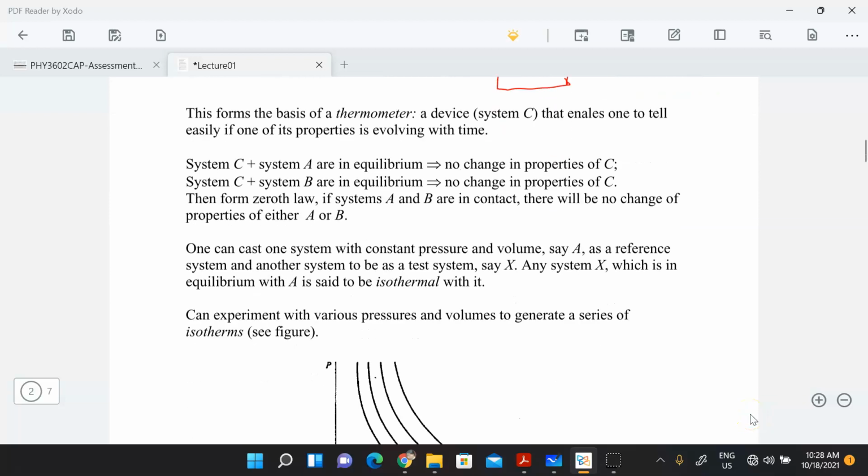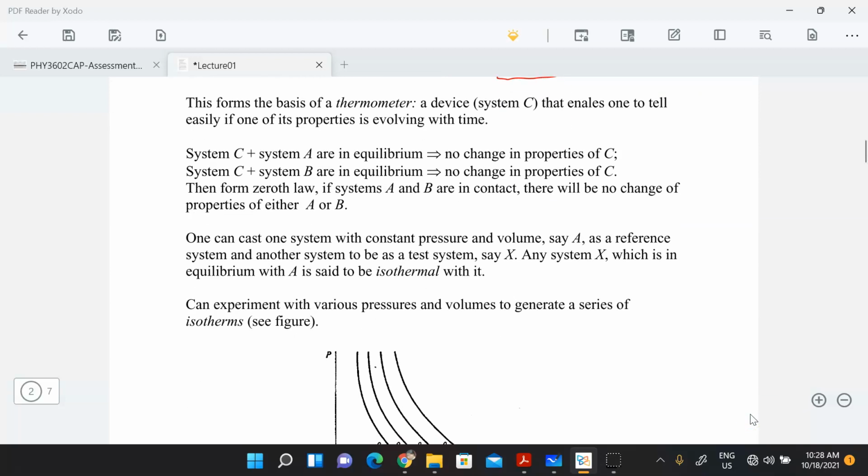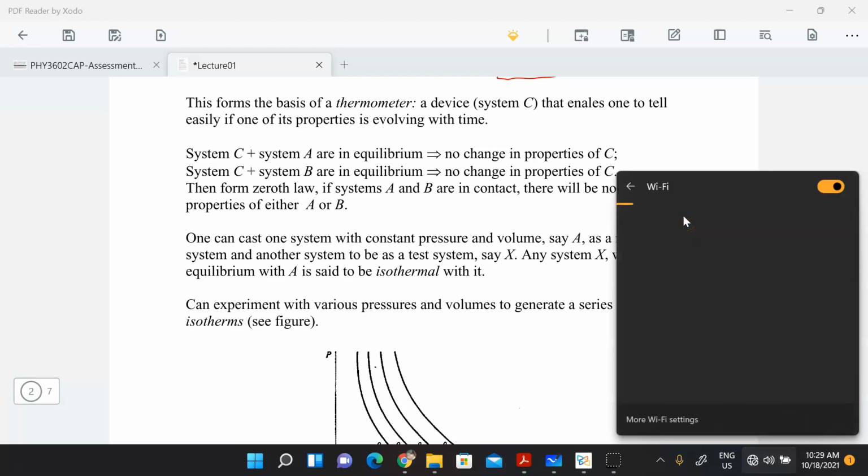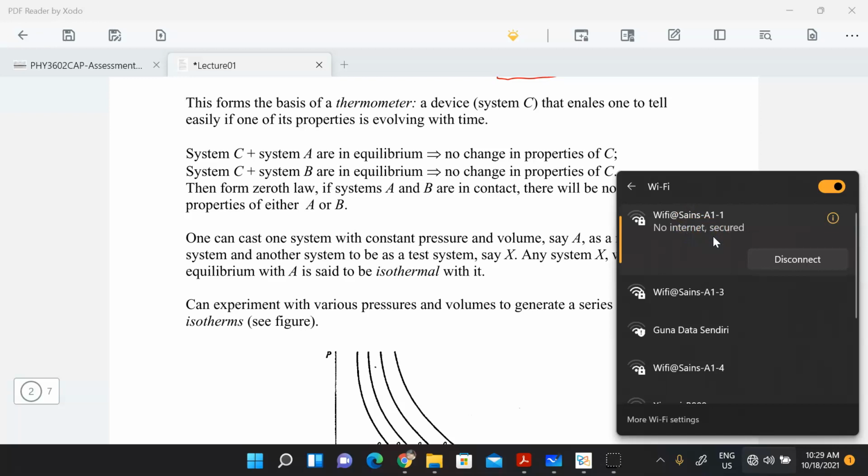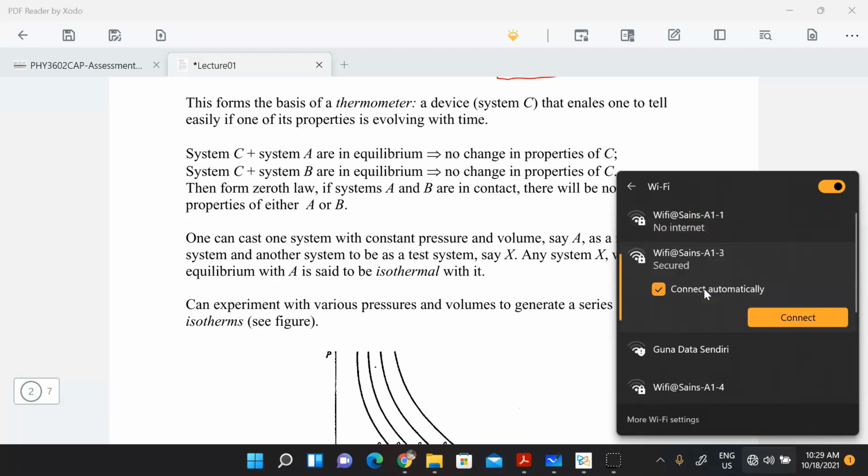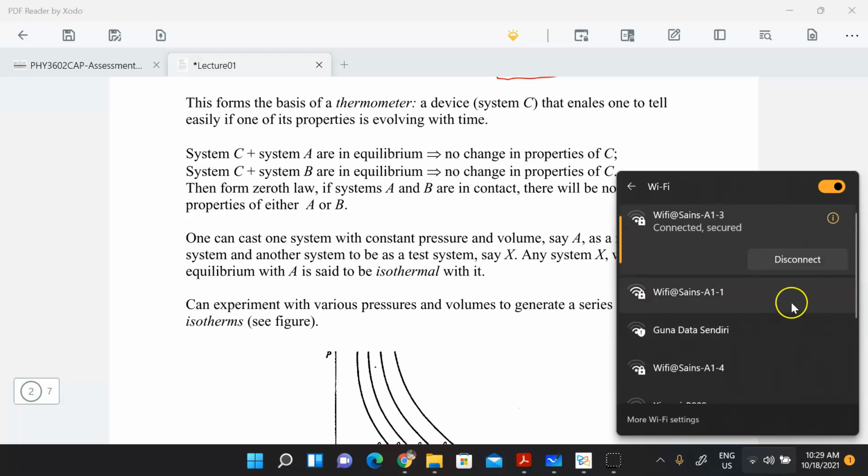Excuse me. Oh dear. Okay, I'm reconnecting.